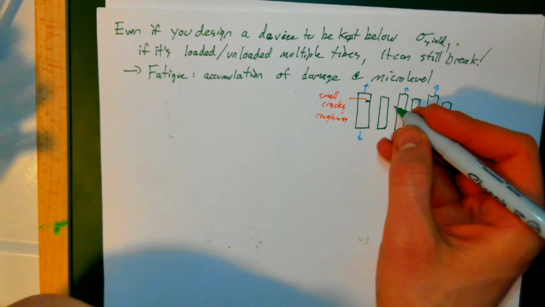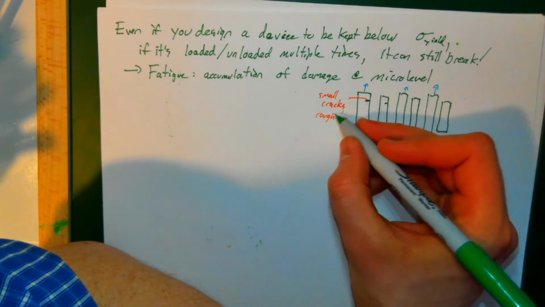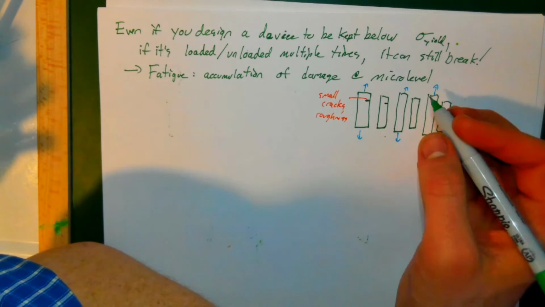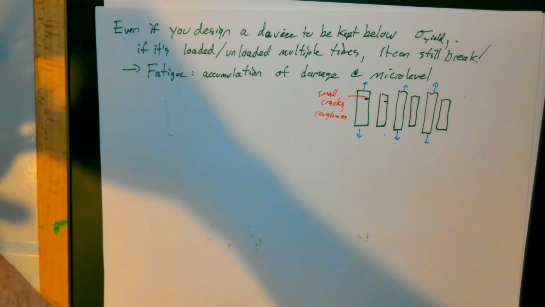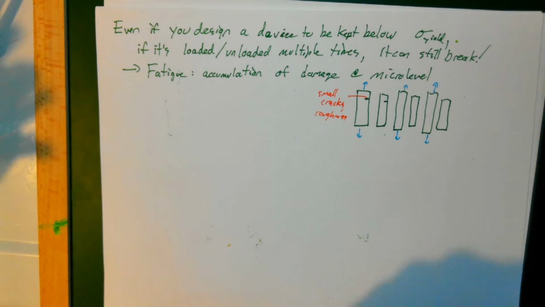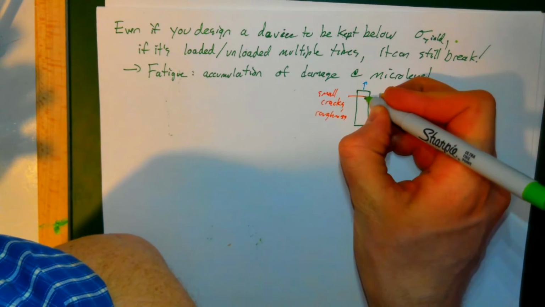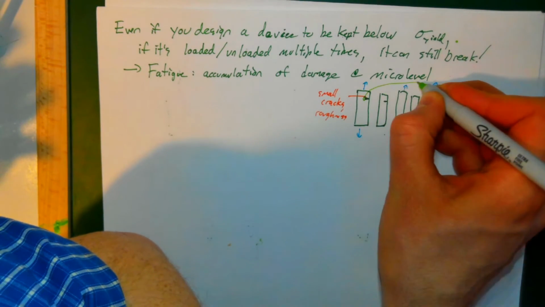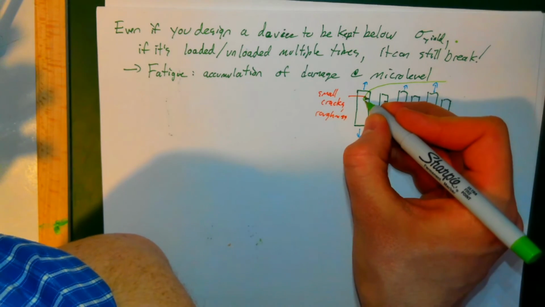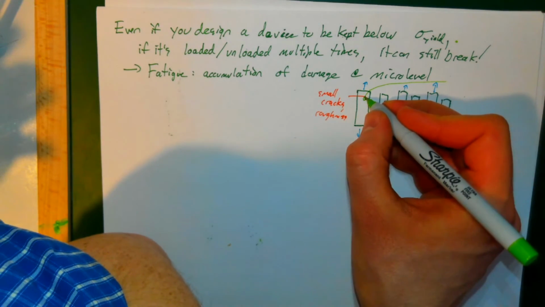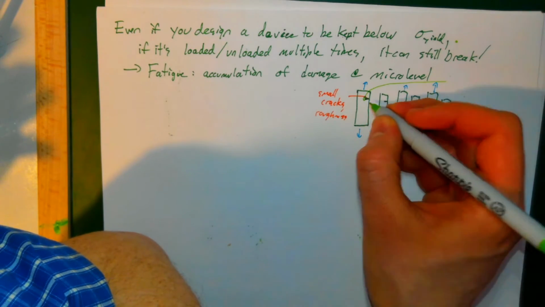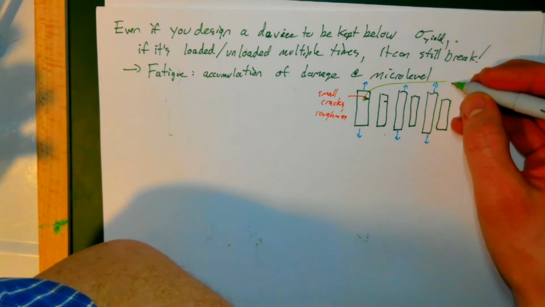And basically what happens is every time you cycle, you stretch it out, you let it go, you stretch it out, you let it go, you cause increasing brittleness and strain hardening at the tip. Every time you open up that crack and let it go, there are two phenomena that play a role right at the tip of the crack.